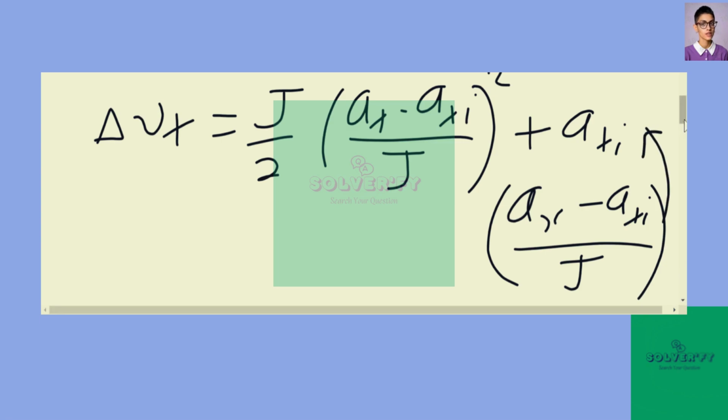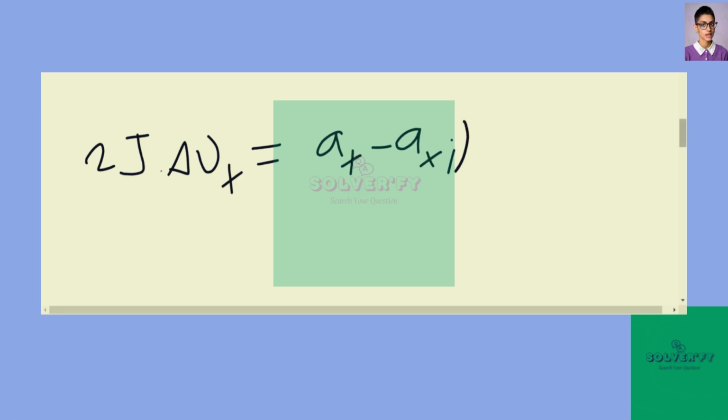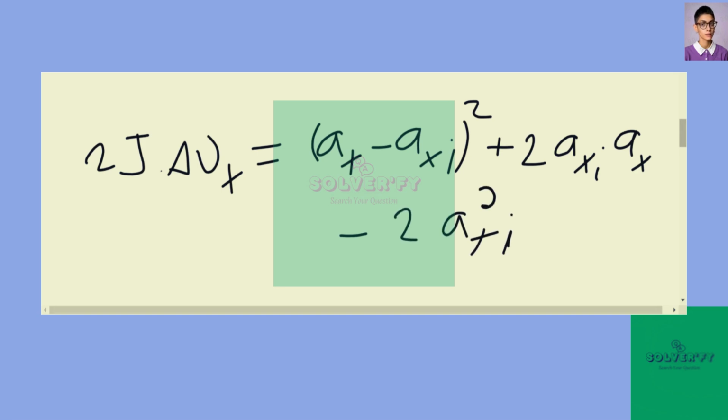If we expand these polynomials and multiply across by twice the jerk, twice the jerk times the change in velocity in one dimension is equal to ax minus ax initial squared plus 2 ax initial ax minus 2 ax initial squared.